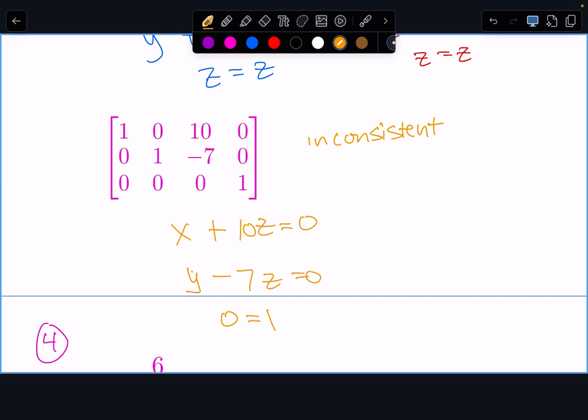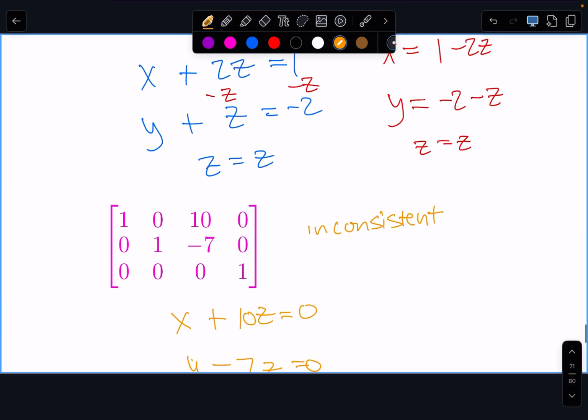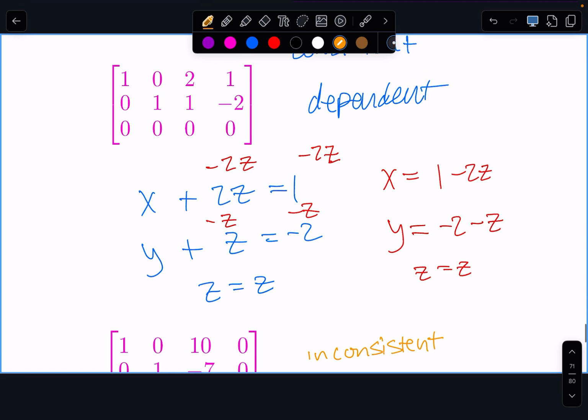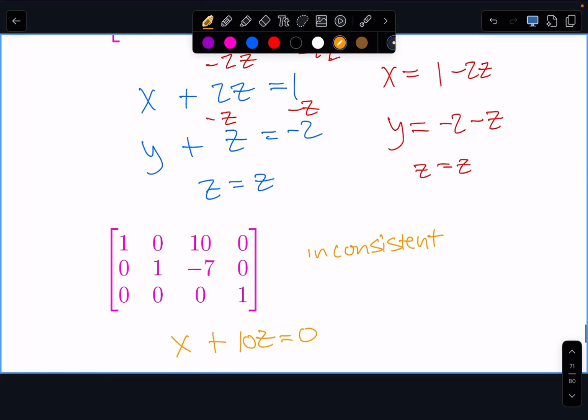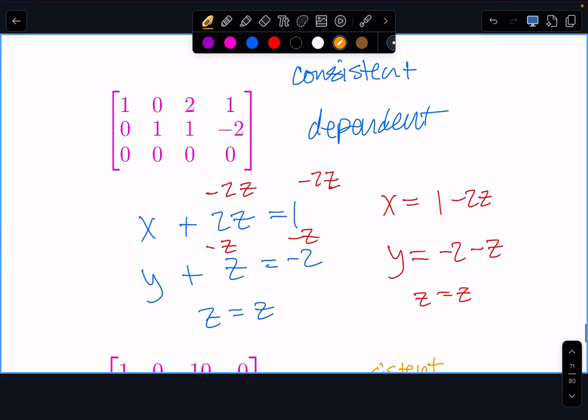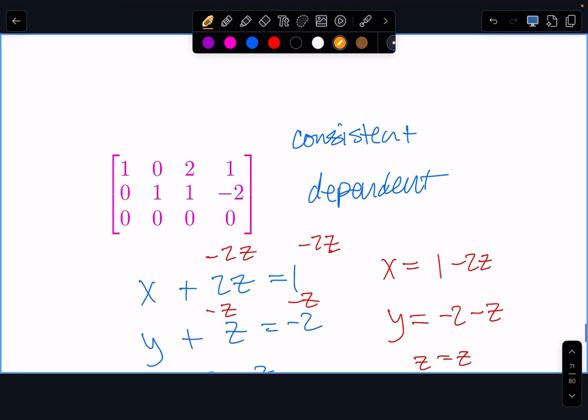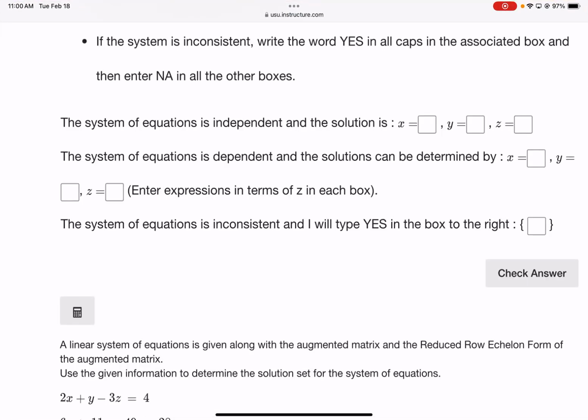What's up? Just that last problem, the z equals z, do you have to put that one still in the dependent, or do you put that one in the independent? This one is dependent. So all of them go in the dependent. So let's go back to the test and I'll show you. It says the first row is independent.